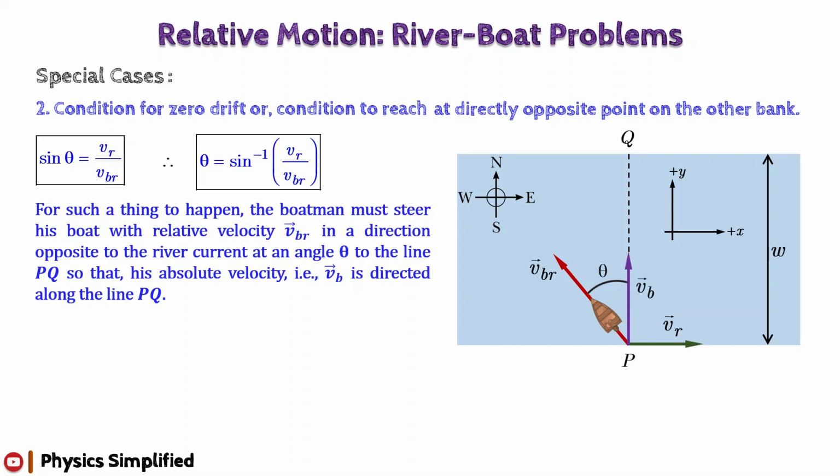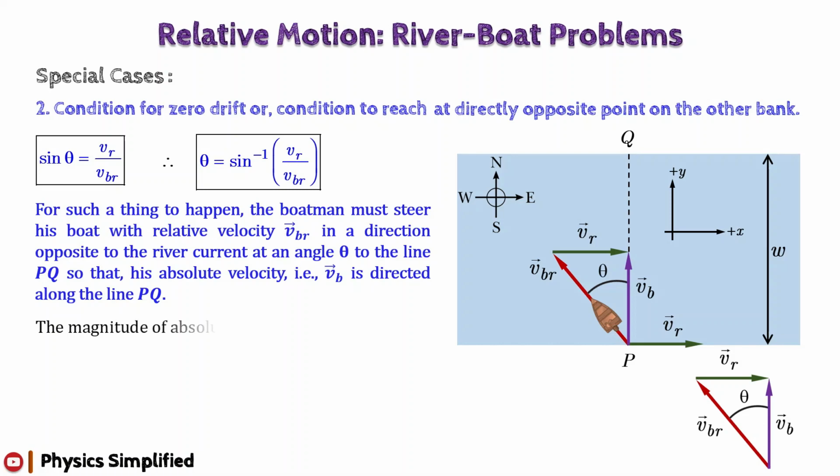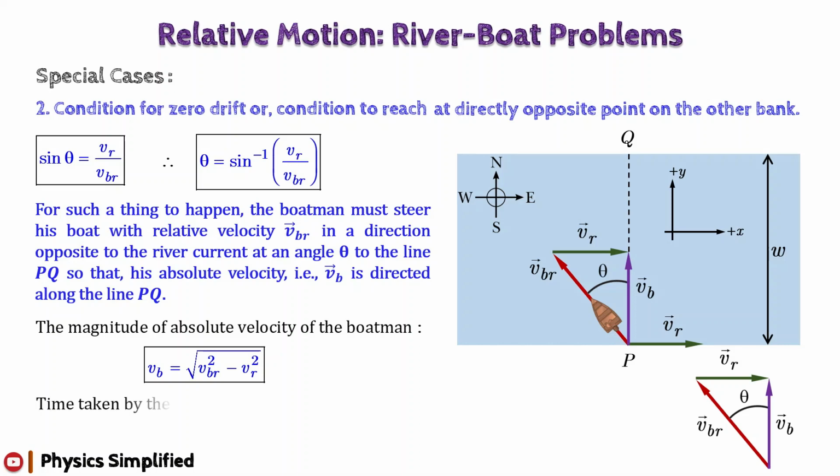The corresponding velocity vector triangle will look like this. From this velocity vector triangle, we find the magnitude of the absolute velocity of the boatman as v_b is equal to under square root v_br squared minus v_r squared. Let us now calculate the time taken by the boatman under the condition of zero drift to cross the river.